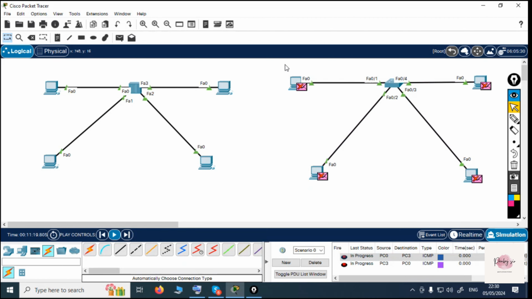Don't look towards the switch. That is a different part. We'll discuss that later. Right now we have to discuss everything related to this part, the hub part. So what's happening? If we are sending the data in two different directions, collision is taking place.